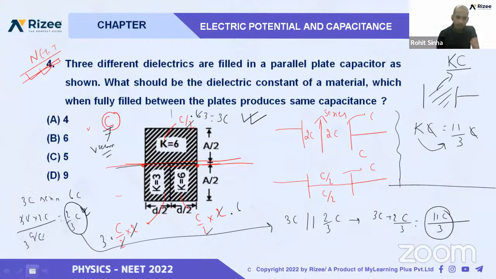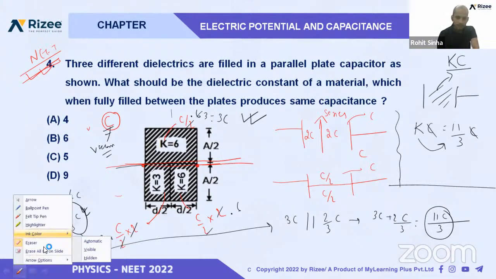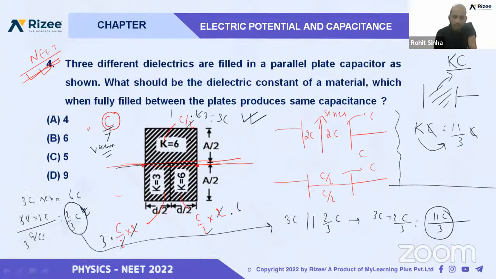Oh, let me see what mistake has been done here. What mistake have I done here? Let me see. The upper capacitance, we know we have cut it here like this. It will be C by 2.